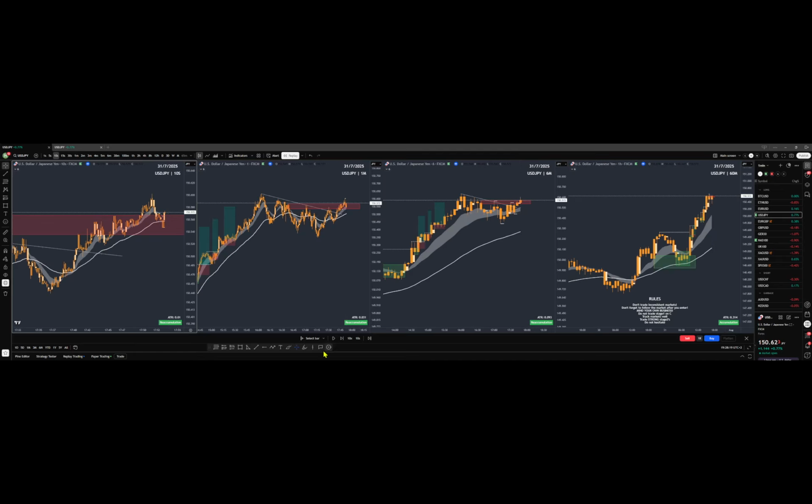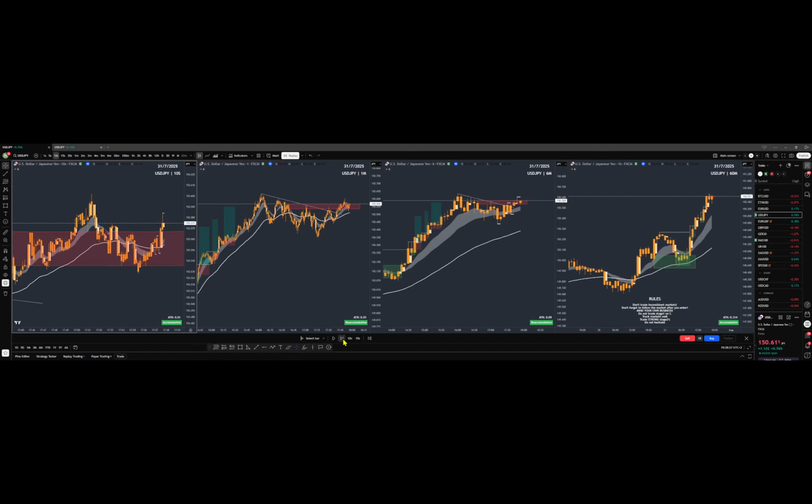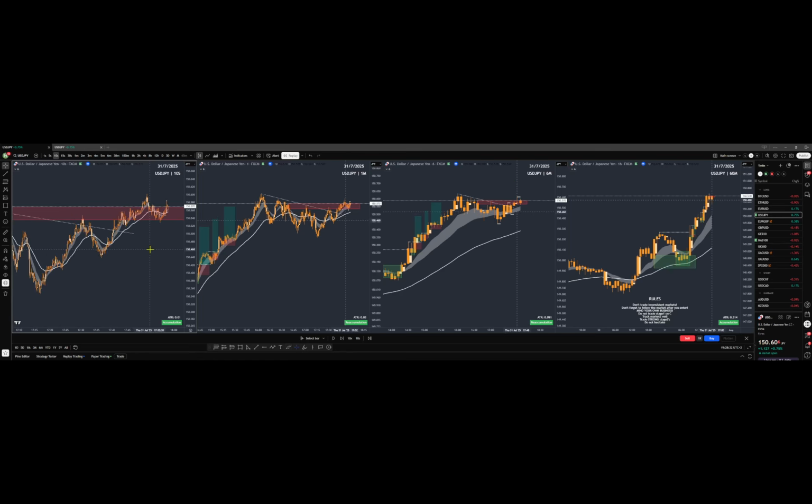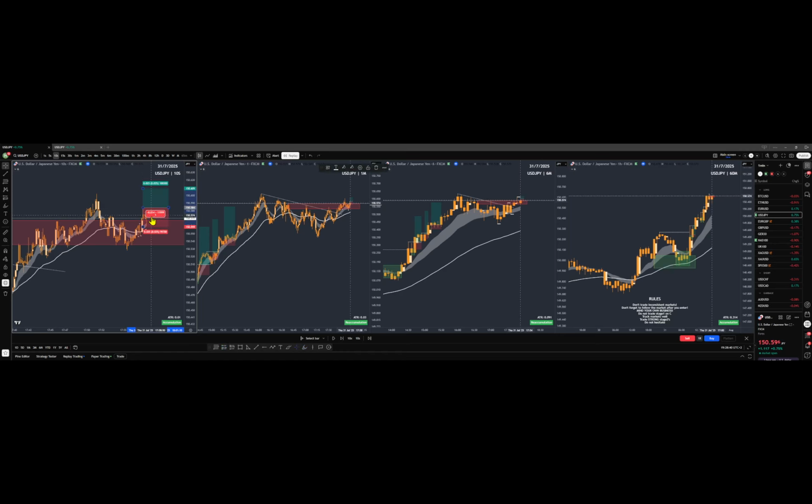So maybe there's a setup here. I don't like this one. Okay, reaccumulation, reaccumulation. That looks nice. So we have this leg, reaccumulation, DMB. So I'm definitely looking at that one.